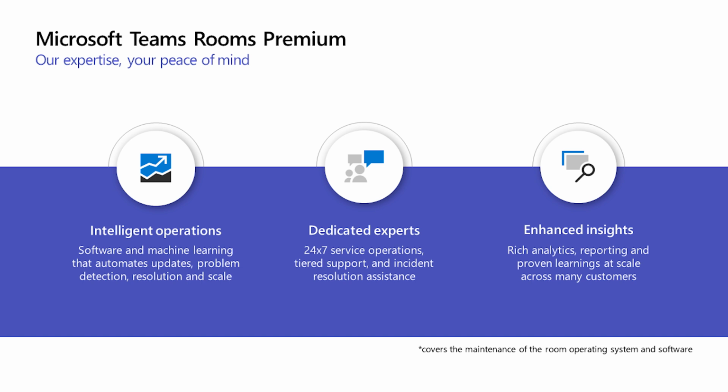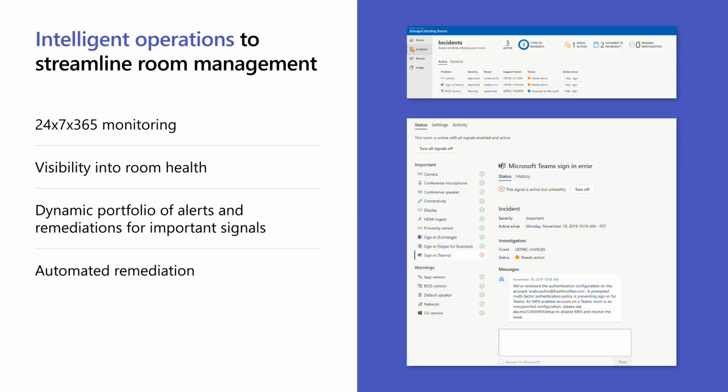Intelligent operations. At the heart of intelligent operations is us monitoring your rooms for health 24/7, 365 proactively. We have built the most comprehensive visibility into room health that you could expect. Underpinning all of this is a dynamic portfolio of alerts and remediations.